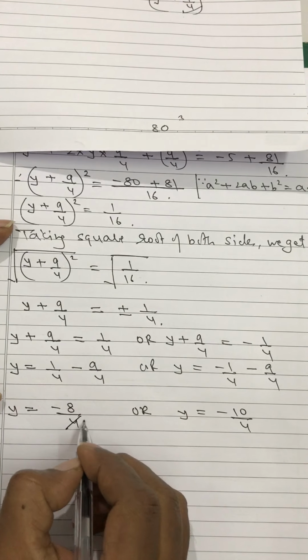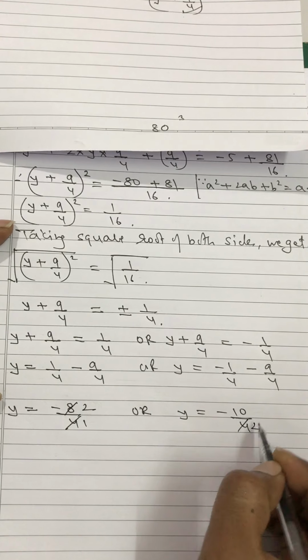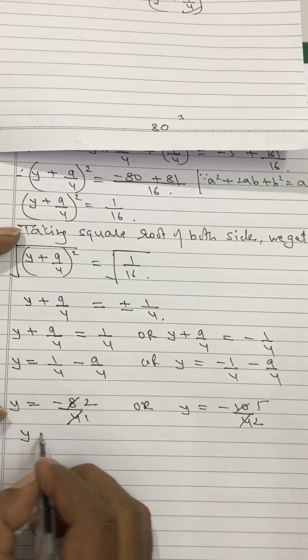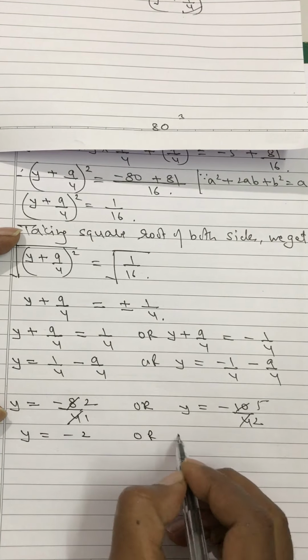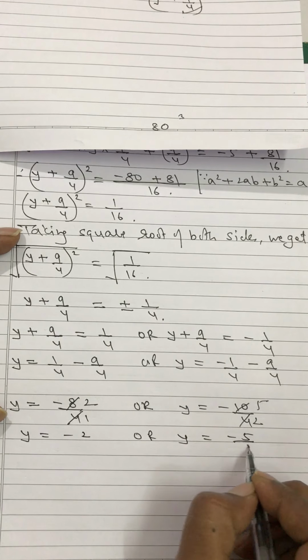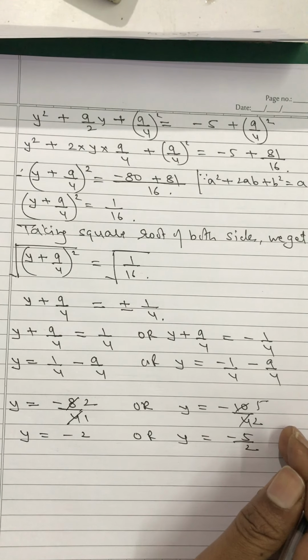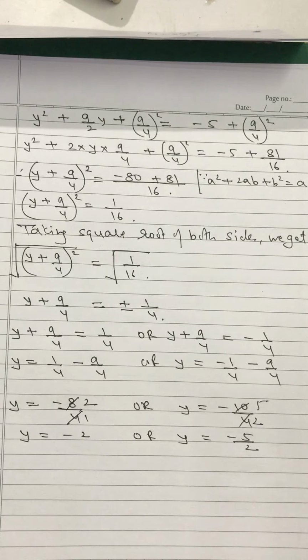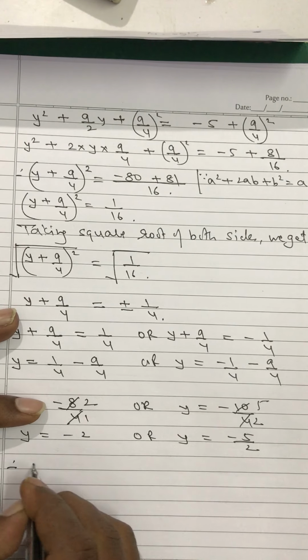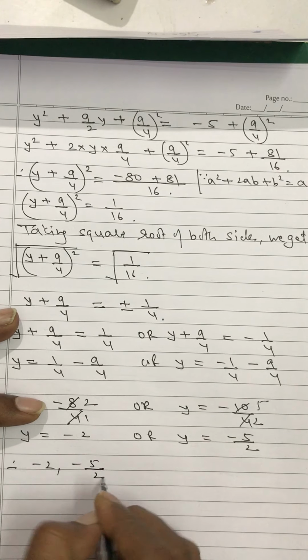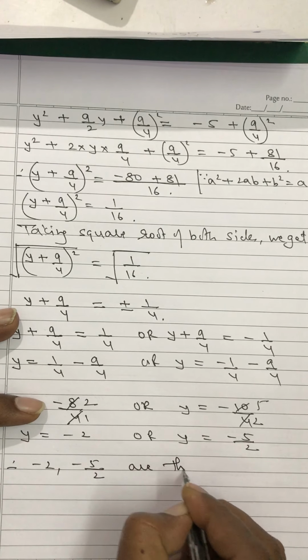Right? 4 2s are 8, so y is equal to minus 2, or y is equal to minus 5 upon 2. These are the two values that we have got, and they are right. Minus 2, minus 5 upon 2.